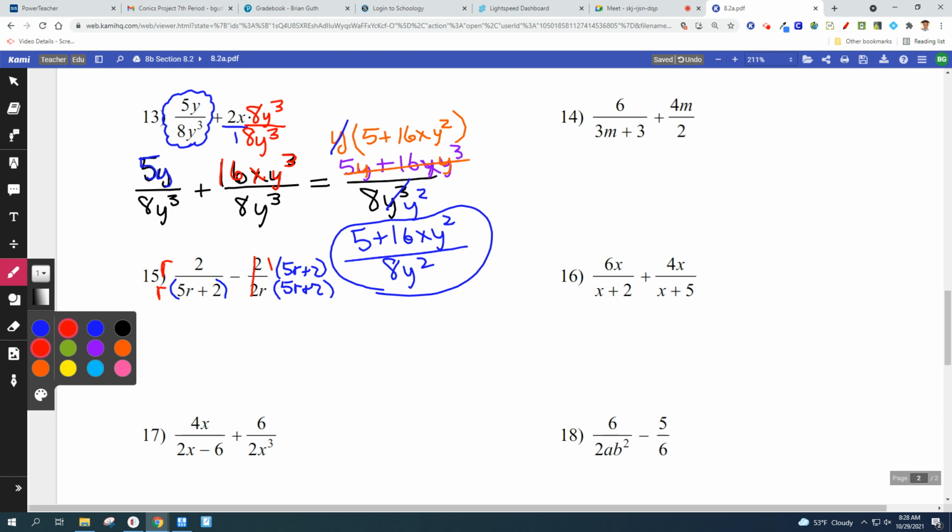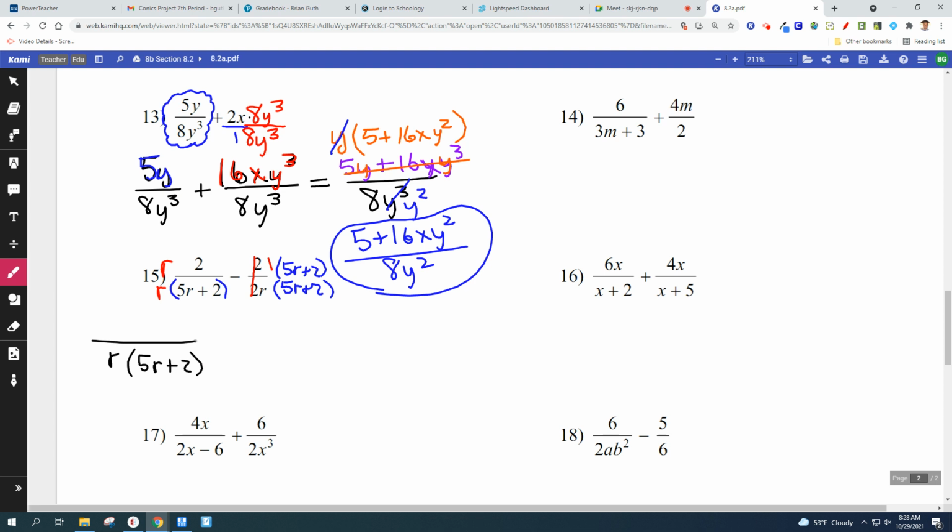So I guess what we can do maybe is clean up what we see. I know the bottom is going to say r times 5r plus 2. But let's see what the top says. Okay. Right here, I've got r times 2. Let's call that 2r.